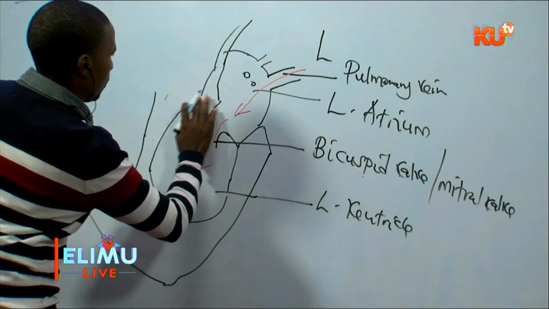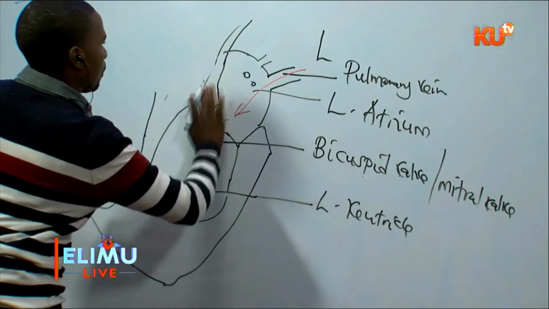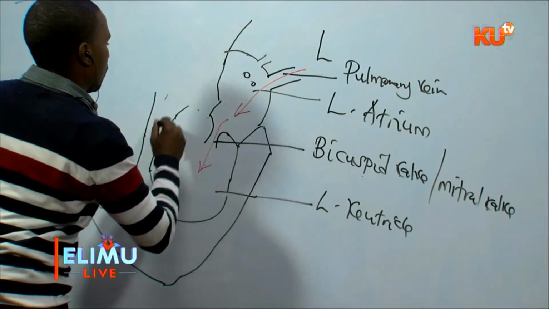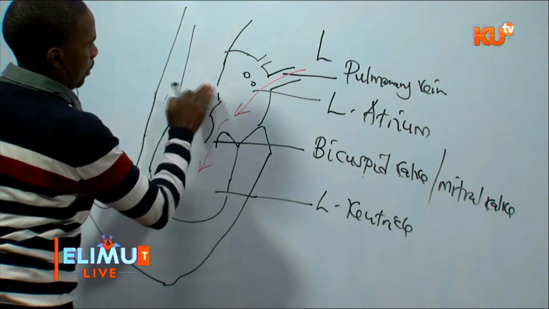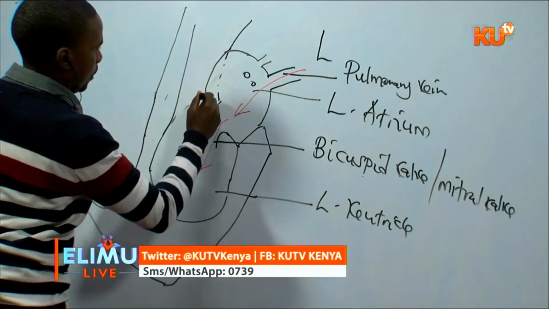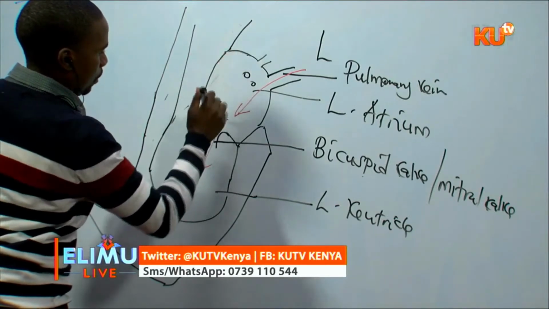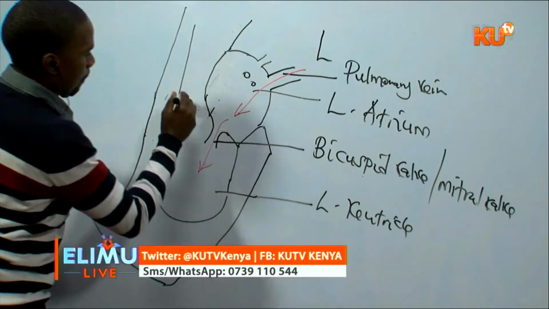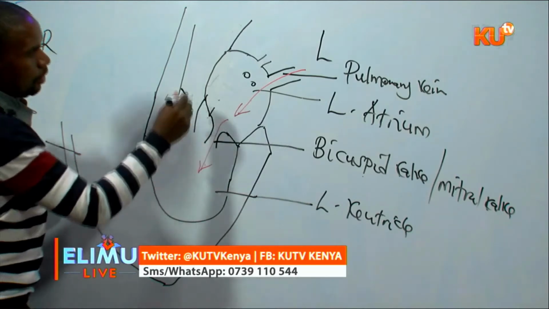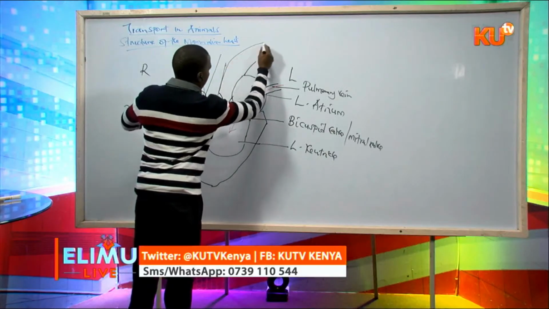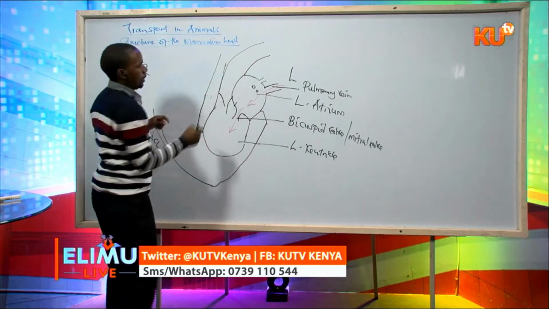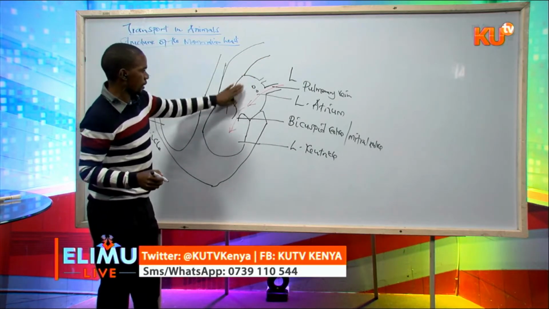So this is what we have. And this one comes like this. So from this, we are going to the next part of the left side.